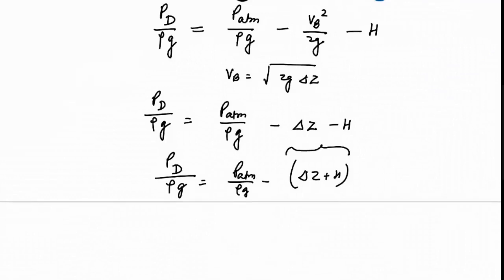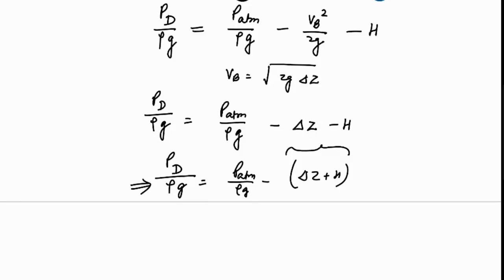Now it is possible that this pressure P_D is very small, and it may be as small as the vapor pressure of the liquid. In that situation, what will happen?